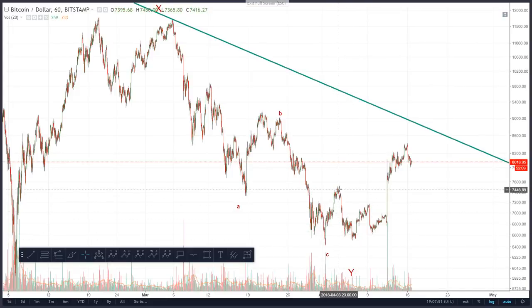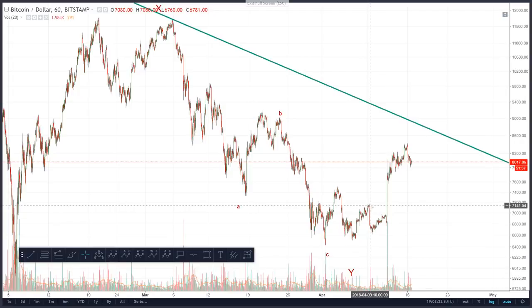It's only 3 legs up, so that can't be impulsive, but there is an argument that this move down was a 1, 2, 3 finishing here, and this was a wave 4, and this was a failed wave 5. Yeah, in which case the impulse started here, 1, 2, 3, 4, and then 5 is an ending diagonal up to here.